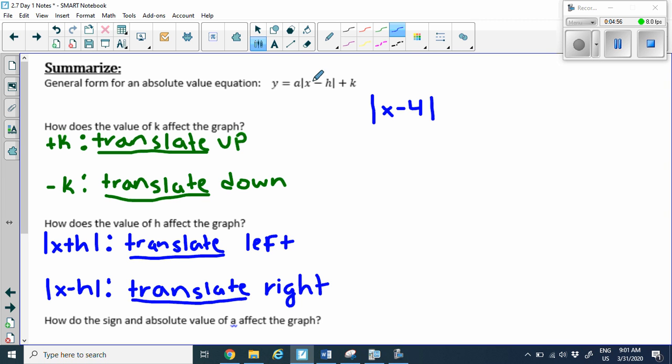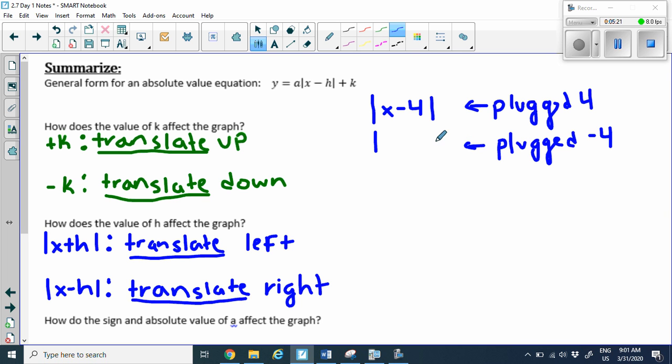Now let's think about if I plug a negative 4 into h. Let's say I plug a -4, which is negative, so that should be to the left, right? Or correct, should I say, is that correct? So let's say I plug that in.